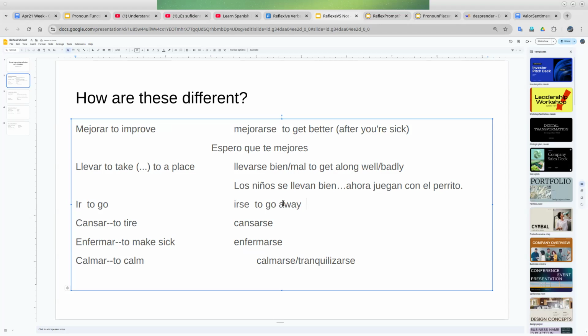Somebody might, it's 5 o'clock. It's the end of the workday, right? You're in an office, and somebody might just say, okay, I'm leaving now. I'm out of here, meaning I'm leaving the office, and it'll be expressed as me voy. Me voy. I'm gone. I'm taking off. And the emphasis is not where I'm going.